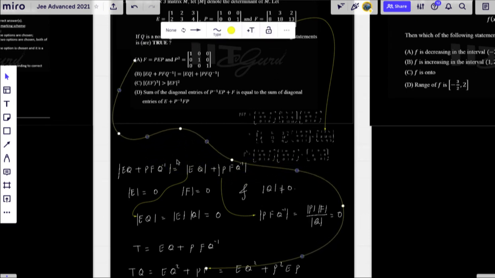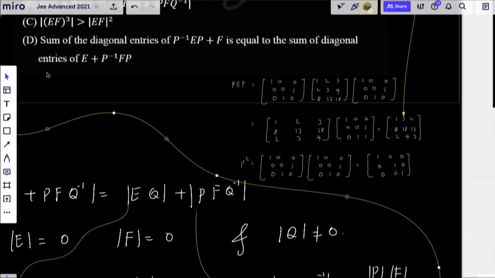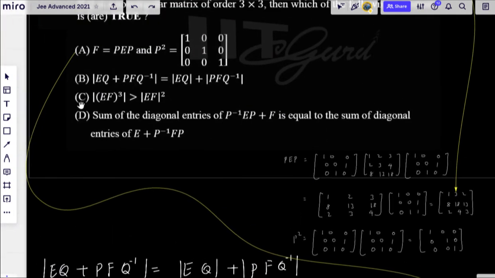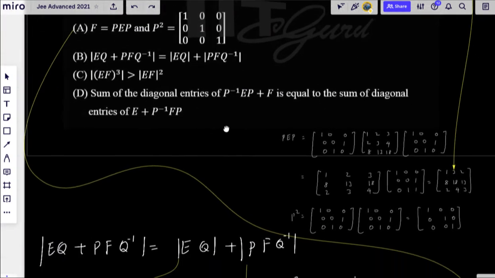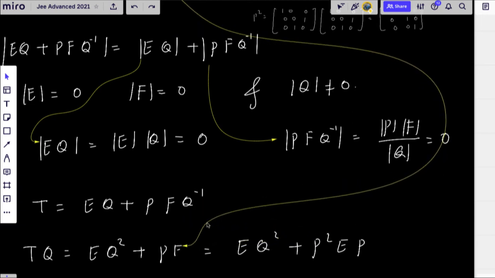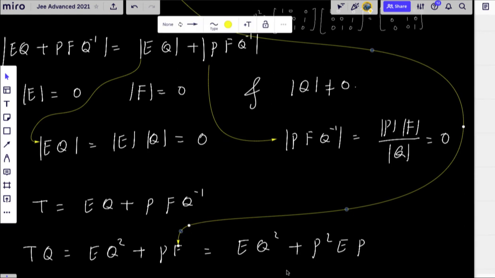It's clear. So when we substitute the value from here, for F we can write PEP. So you can see F we are writing over here as PEP. So for F we write PEP, so that we get P square EP.